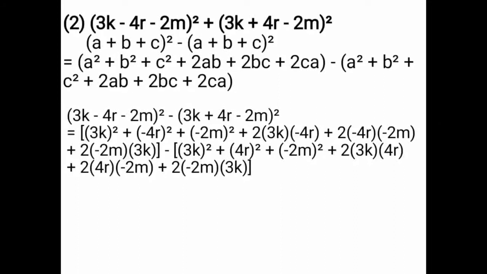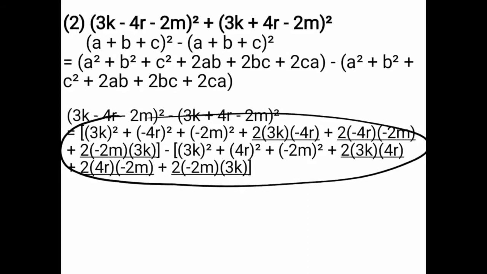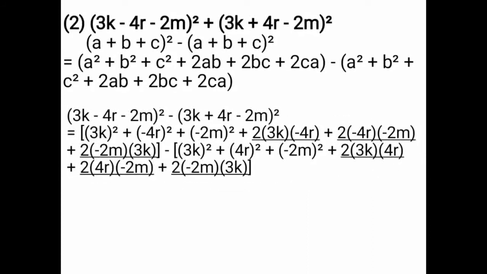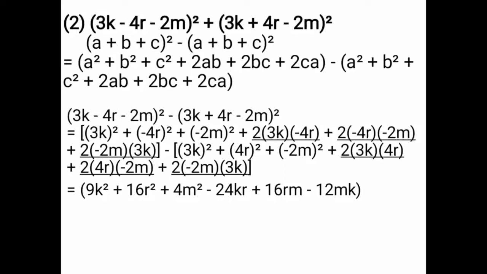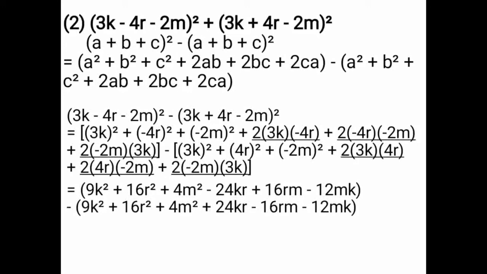Now you have to underline 2ab + 2bc + 2ca in both the brackets. You have to multiply all this. That is equal to 9k² + 16r² + 4m² − 24kr + 16rm − 12mk in first bracket, minus 9k² + 16r² + 4m² + 24kr − 16rm − 12mk in second bracket.